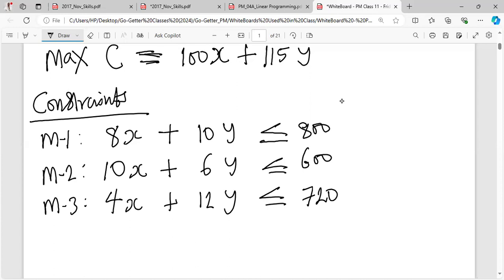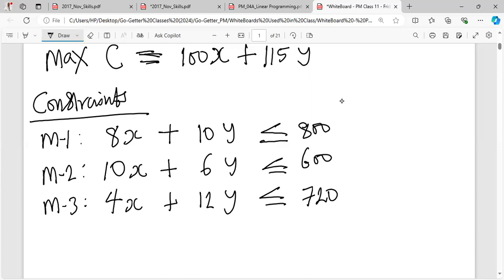Now, let me have you know that when your objective function is to maximize profit or contribution, in your constraints, you will use less than or equal to.